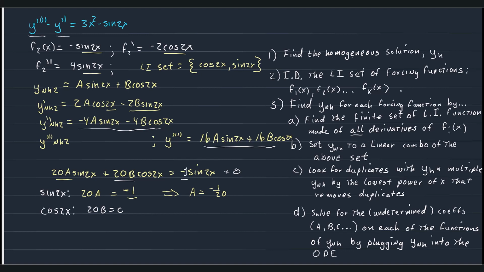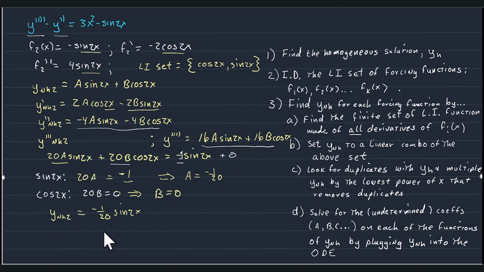So this gives us a is equal to minus 1/20, and this tells us that b is equal to 0. And so our second non-homogeneous solution is equal to a, which is minus 1/20 times sine 2x. So now we have our second non-homogeneous solution.